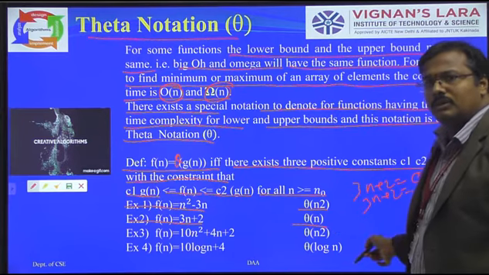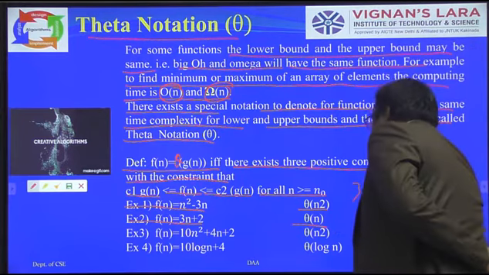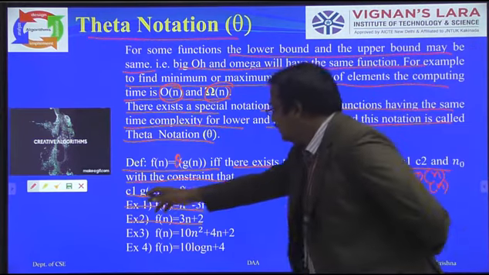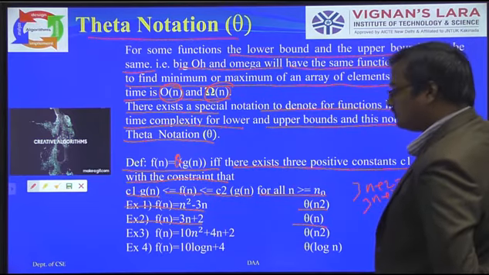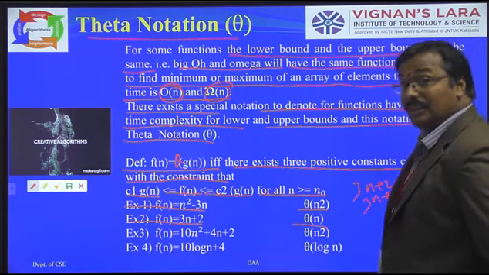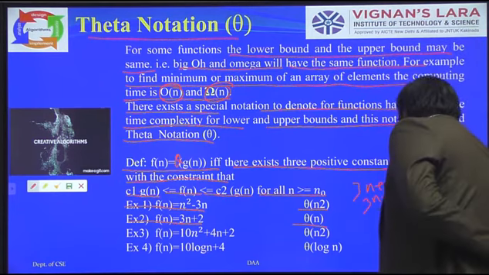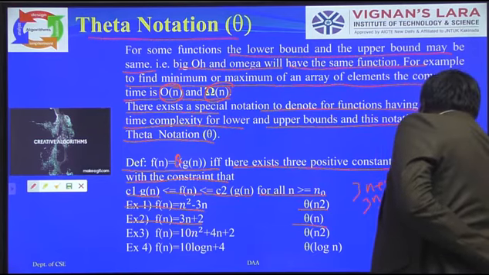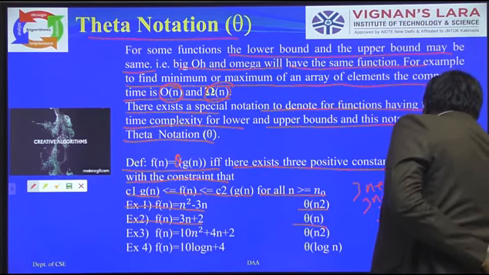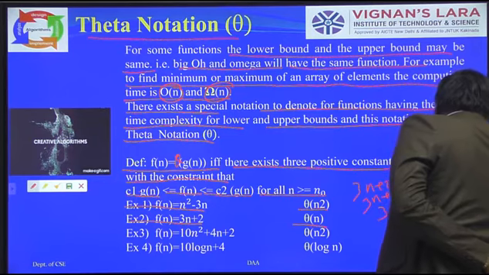The two things here you want to substitute. So what is the thing you want to substitute? Here C1 into g of n. What is the g of n value? Here two kinds of g of n are there. So 3n is less than or equal to 3n plus 2, which is less than or equal to 5n.